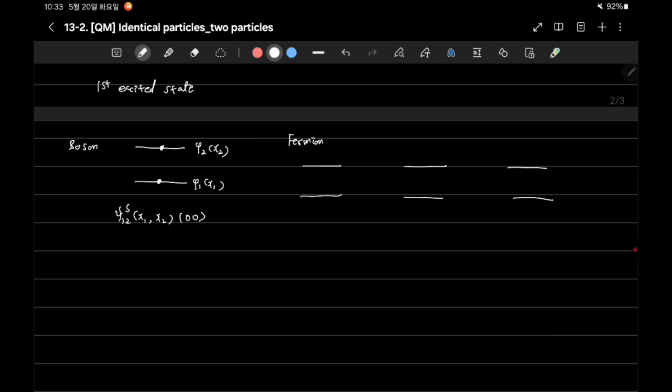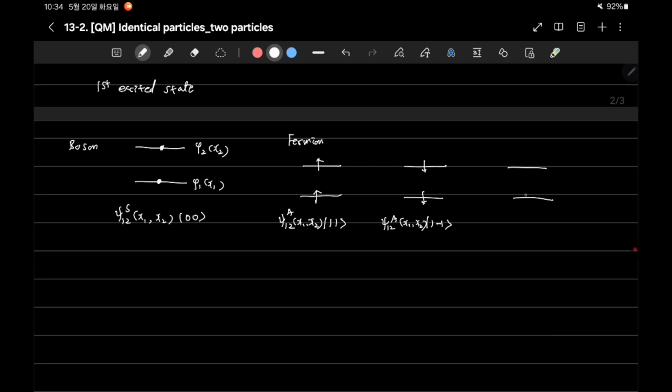One is the spin up up state, the 1, 1 state, and psi 1, 2 of x1 and x2 is an antisymmetric wave function, because the spin is symmetric. Also the spin down down, the 1, -1 spin state, and psi 1, 2 is antisymmetric in x1 and x2.